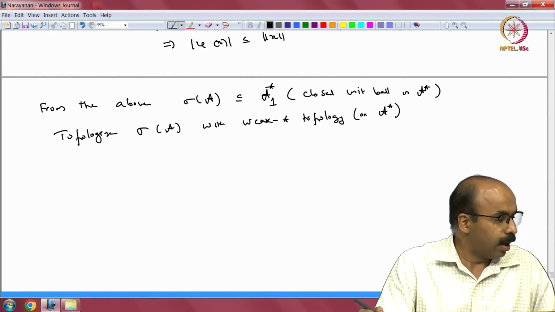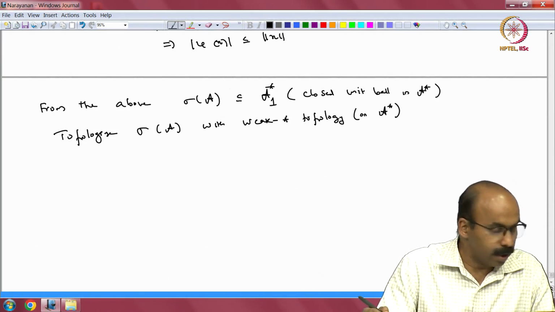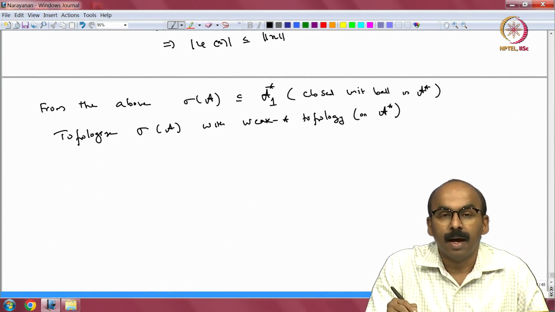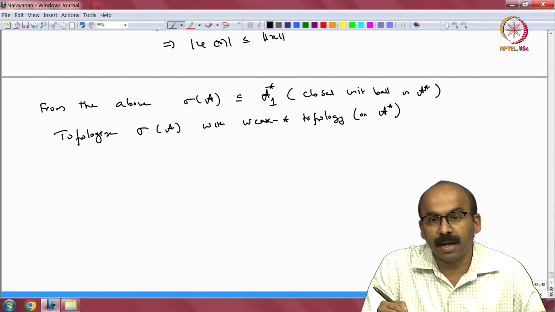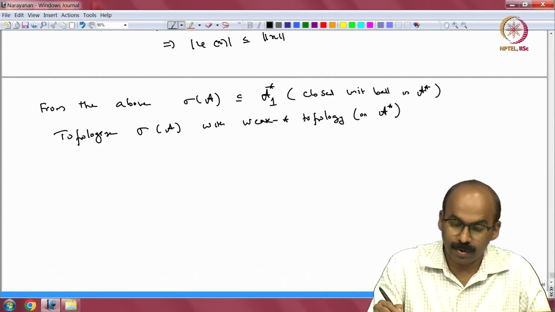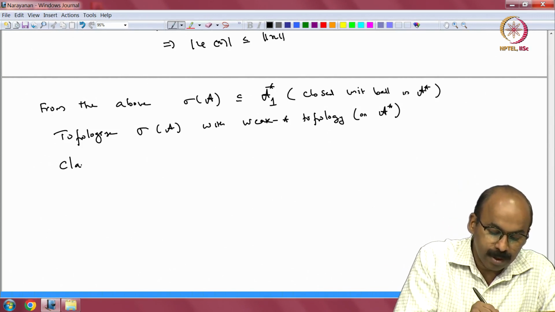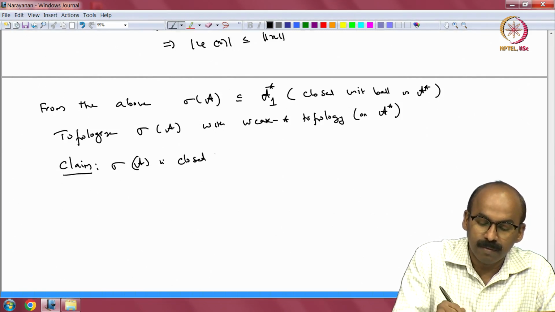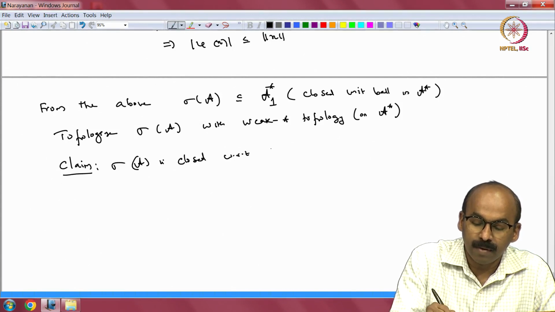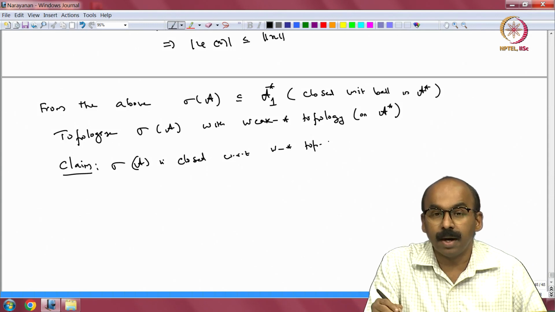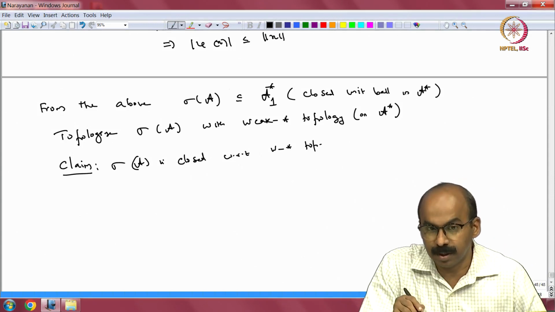Now, let us look at this space sigma A again. What kind of a space is that with respect to the weak star topology? Well, we claim that it is closed. It is very easy. Claim: sigma A is closed with respect to weak star topology. When I write w star, it simply means the weak star topology.